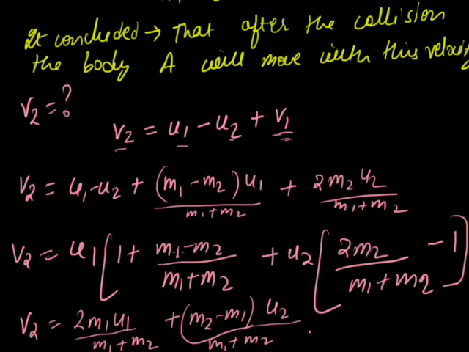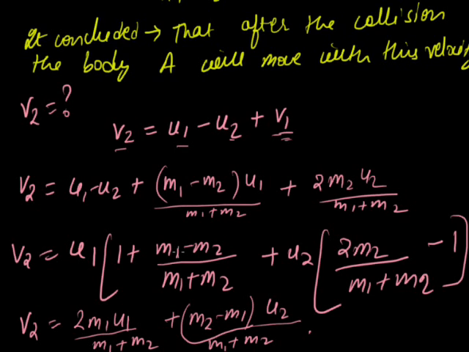So in today's class we have seen that when two bodies have some initial velocities and some masses, by the law of conservation we know that momentum remains constant before and after the collision, and total kinetic energy also remains conserved in the case of an elastic collision.